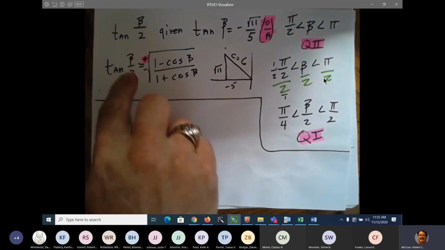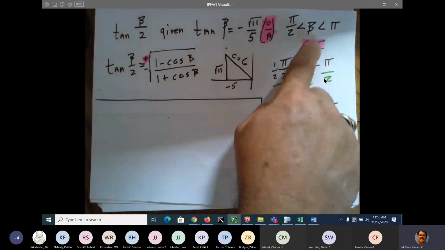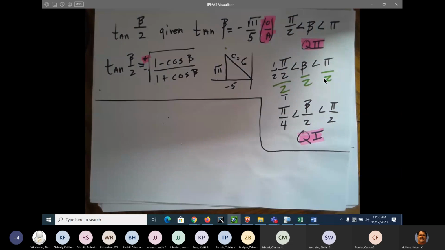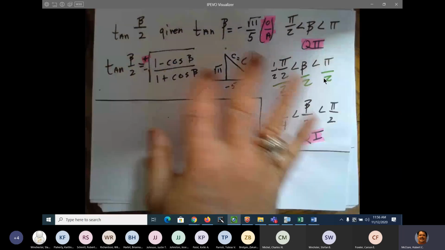And then I wrote down the formula I was going to use and the Pythagorean theorem in quadrant 2 because that's where beta is. Now, when you're doing a problem like this, that's the first thing you should do, all of that.